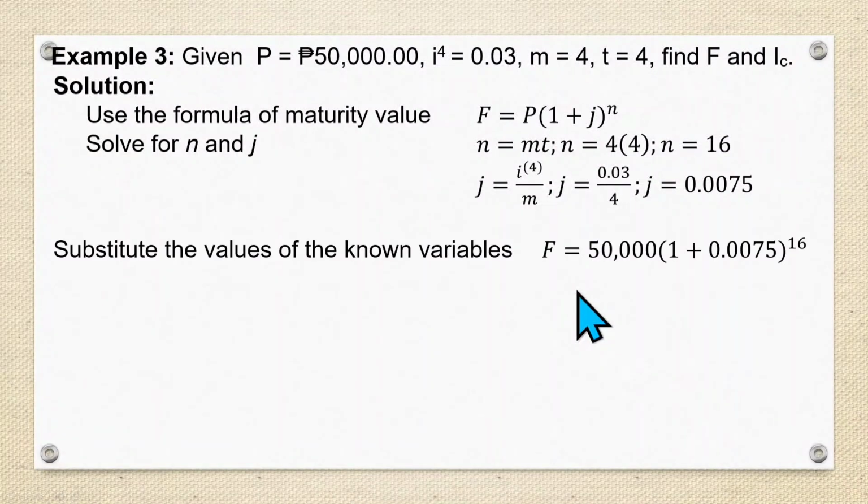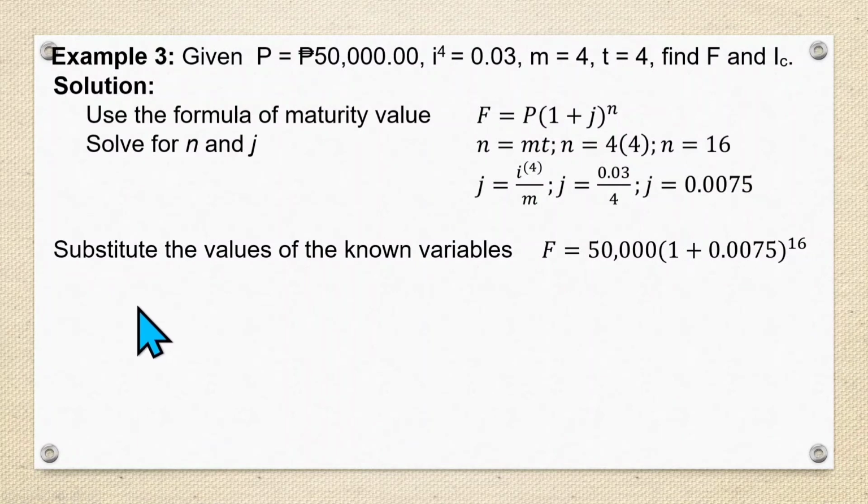Okay? And then substitute the value of the known variables in the formula here. F is equals to P times (1 plus j) raised to n. So the P is equals to 50,000 times (1 plus 0.0075, which is the j), raised to 16, which is the value of n.